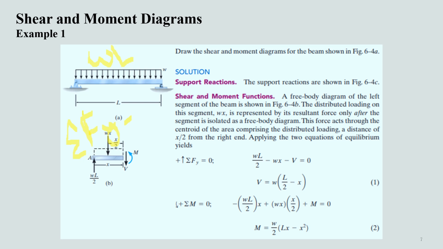So the reaction at support A, for example, if you call it A, will be wL by 2, and similarly the reaction at support B, if you call it B, will also be wL by 2.